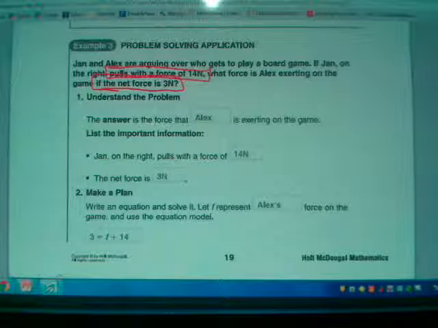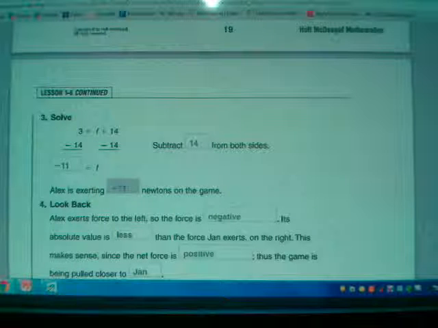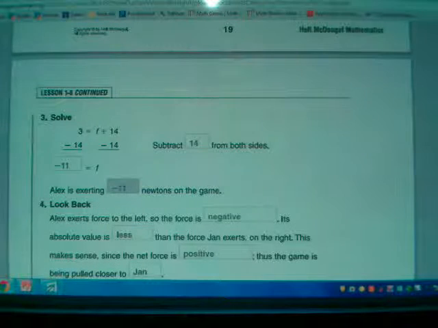It shouldn't surprise you that's what we're doing, because this section is about solving equations, so it wouldn't surprise us that the story problem has to do with solving equations. So let's take a look at the solving steps here, which is what you see right here. And notice the first thing they have is 3 equals F plus 14.